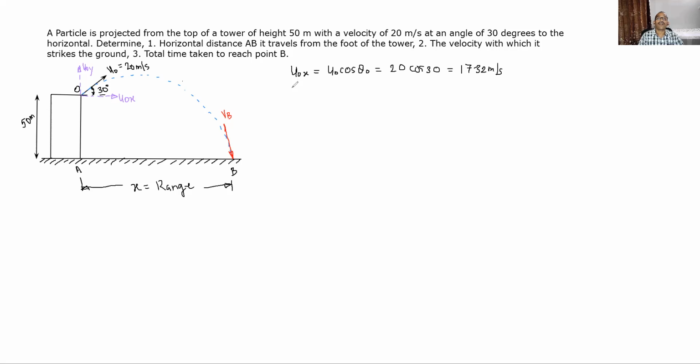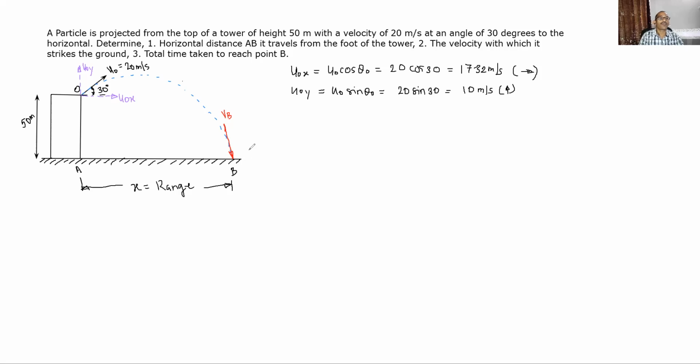And u0y, the vertical component of velocity, is u0 sine theta 0, so 20 sine 30, and sine 30 is half. That means this velocity is 10 meter per second. So u0y direction is upward, and u0x direction is rightward. Wherever required, we will substitute these calculated values of u0x and u0y.